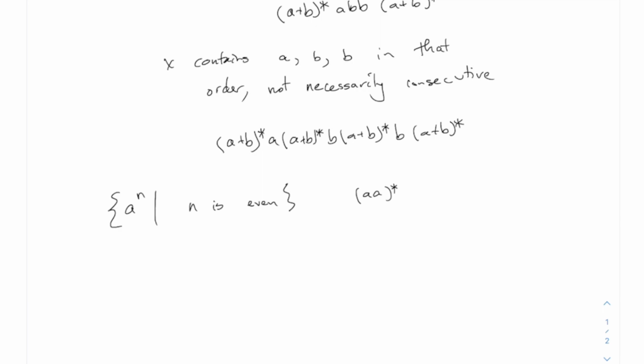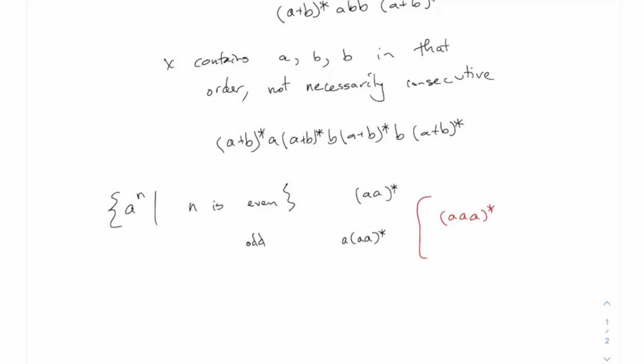All right? What if you wanted it to be odd? How would you modify that? Yeah, I think it should be (aa) star, a. So that means (aa) star makes it even, and then you just stick an extra one on. That makes it odd. All right? This is different from some sort of good sounding but actually bad ideas.